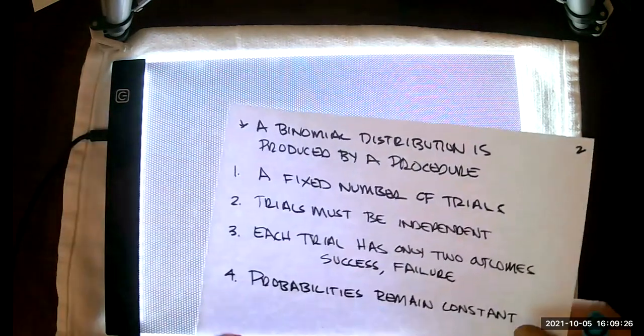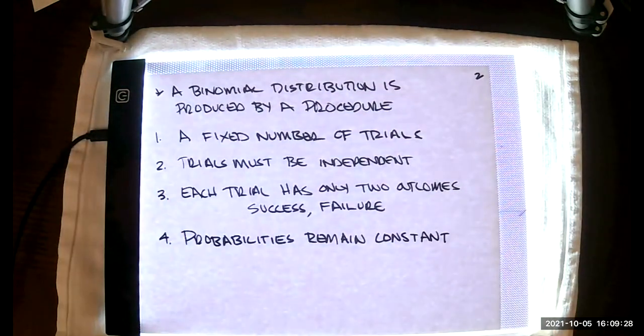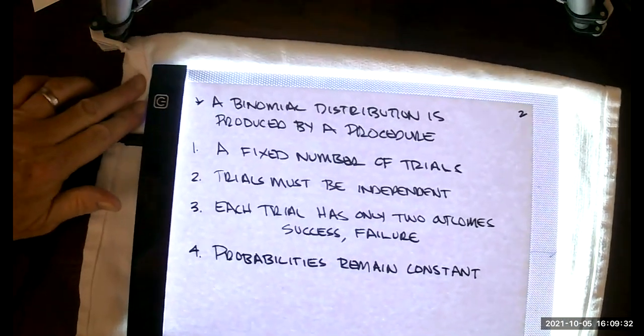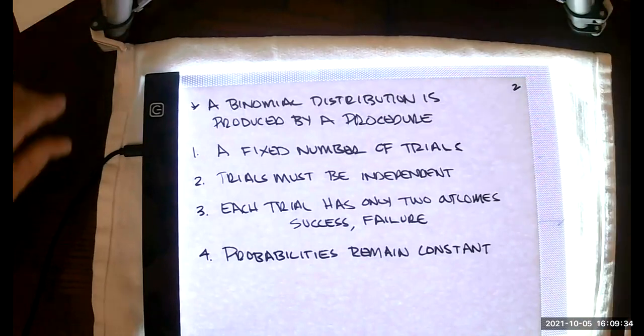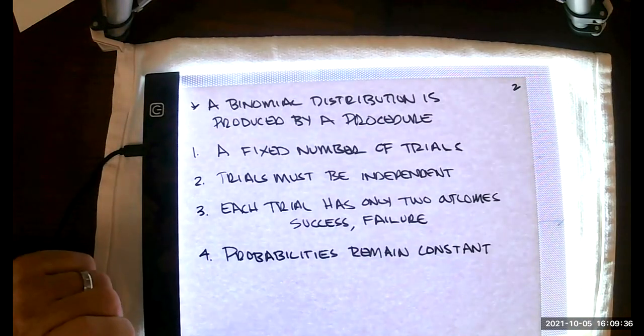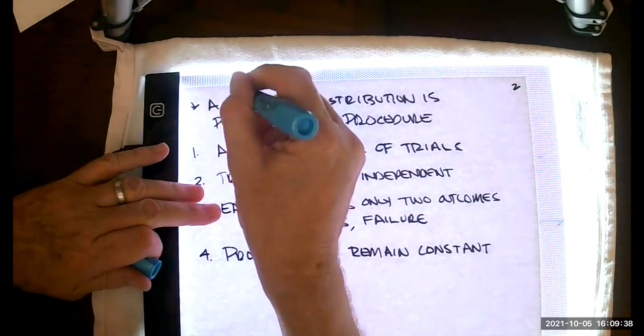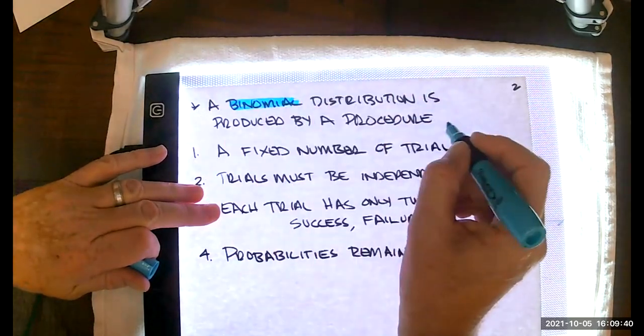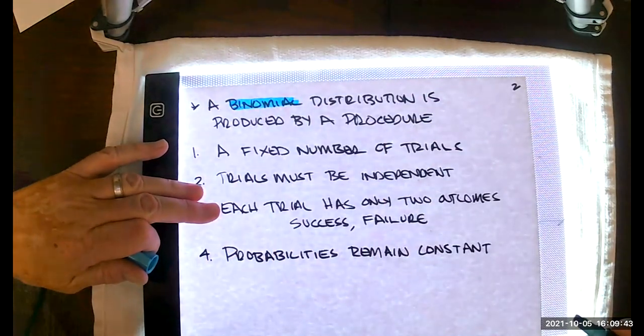And this is the technical definition. Some of it is easily understood, very straightforward. Other parts of it are a little bit more subtle. So let's see. A binomial probability distribution is produced by the following procedure.